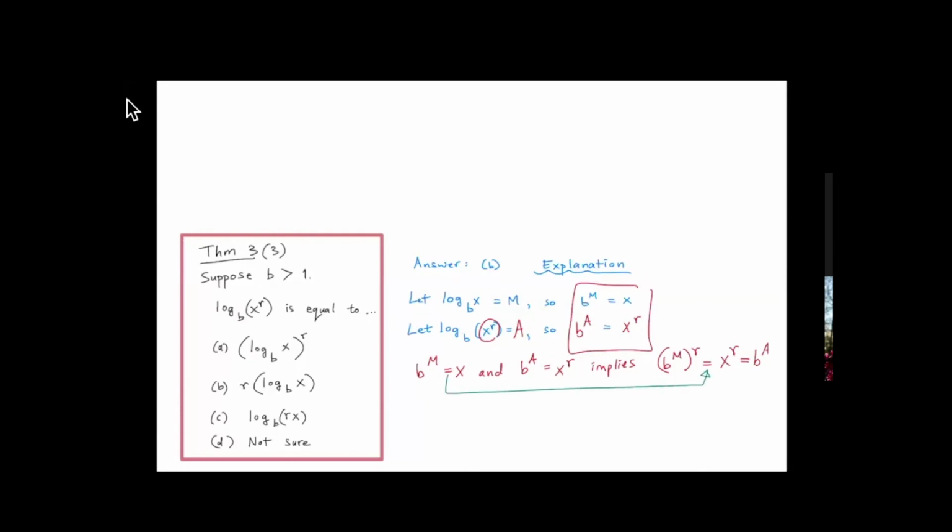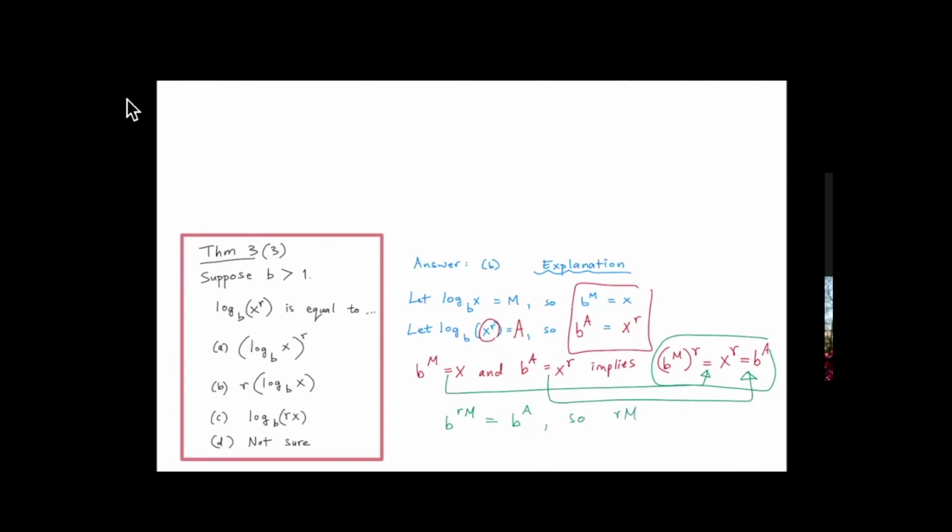The first equation is just replacing x with b to the m, and the second equation is replacing b to the a with x to the r. And so because of these equalities, I have b to the rm equals b to the a. They have the same base, so the exponents have to be equal.